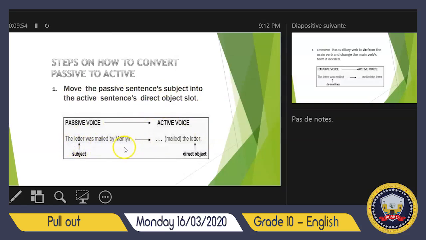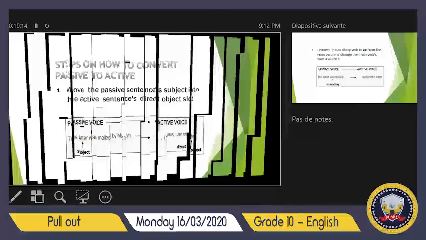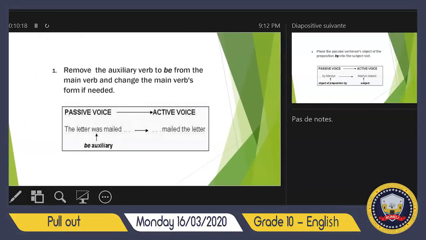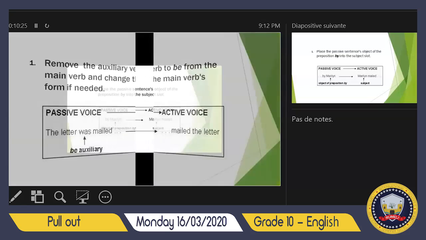You remember in the passive that the object is more important, but in the active, the subject is more important. Now look, what you're going to do is just to switch the subject, Marilyn, here in the active, and the letter will become the object. Okay? So what will we have? We will have Marilyn mailed the letter. Instead of the letter was mailed by Marilyn. Okay? Very good.